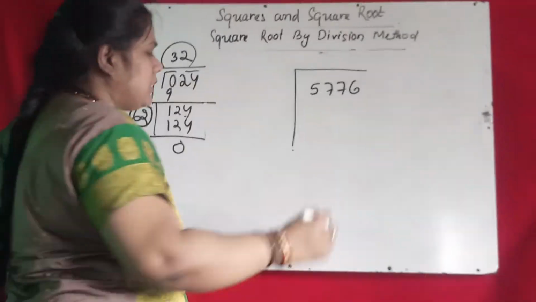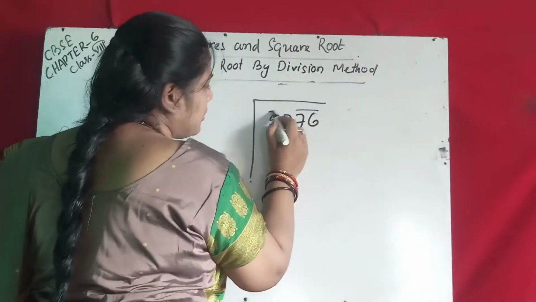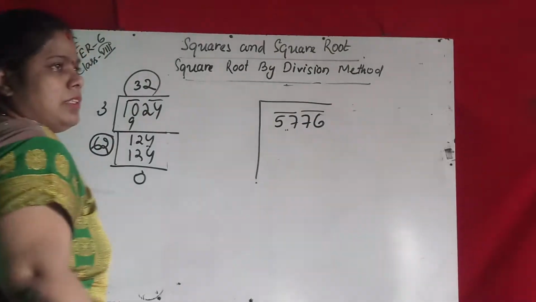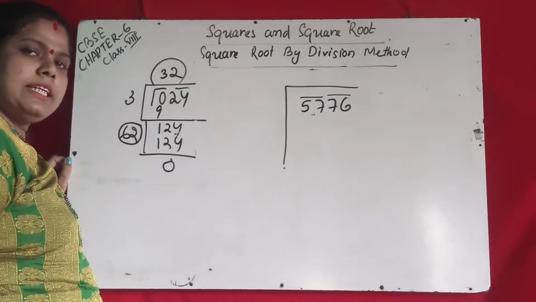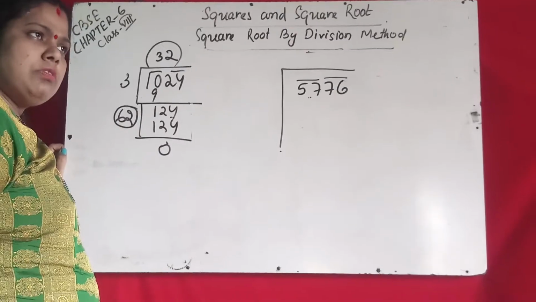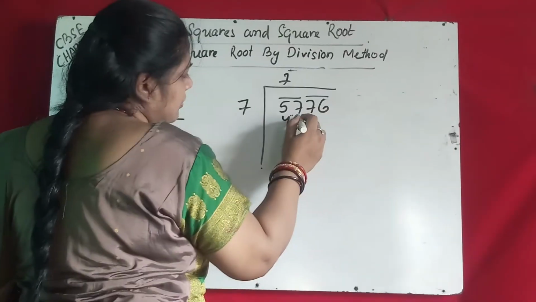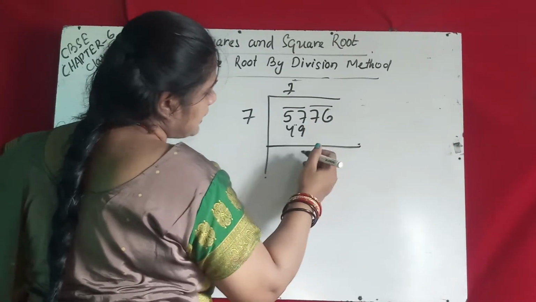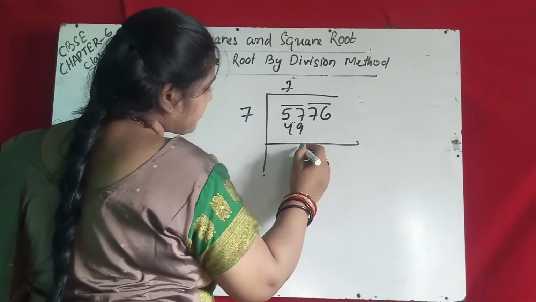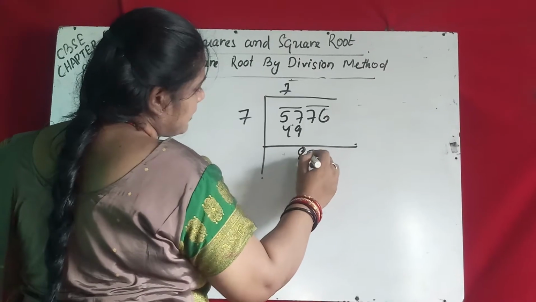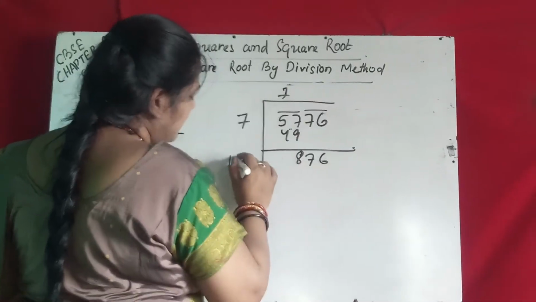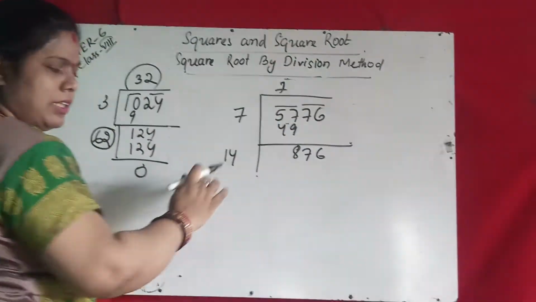Here also the same. From the right side put two digits. So 57. 7 7 is 49. 8 8 is 64. So which one will you take? The one less than this, the first, 7 7 is 49. Then you subtract here, 8 7 6. So 7 2 is 14. Double the quotient, 14.